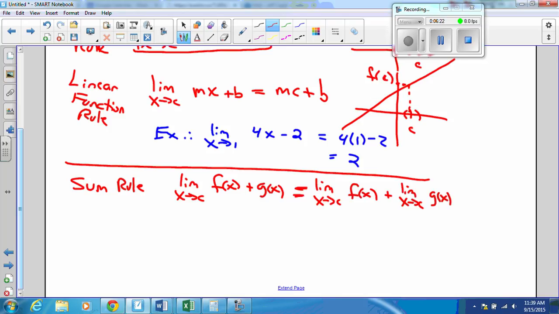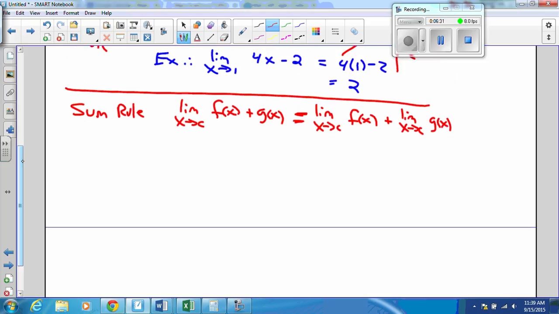The limit of the sum is the same as the sum of the limits. And the same kind of logic applies to differences. The limit of a difference is the difference of limits.